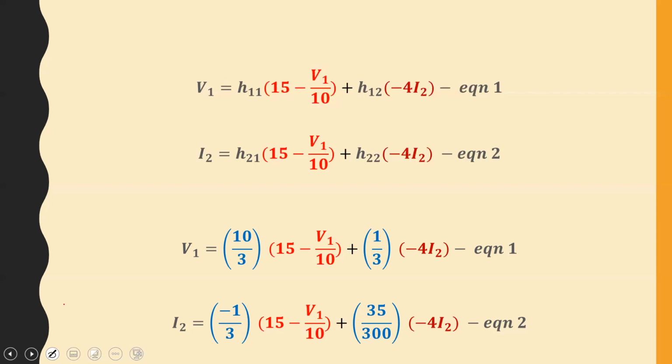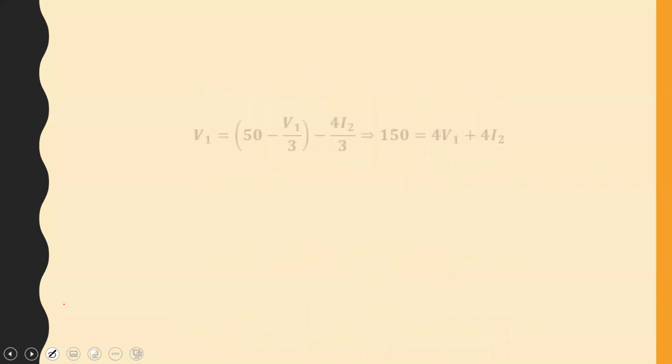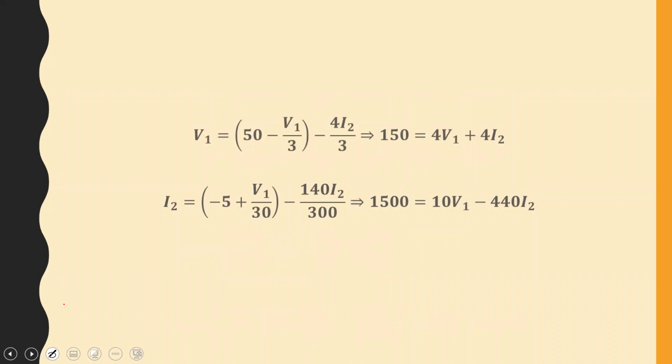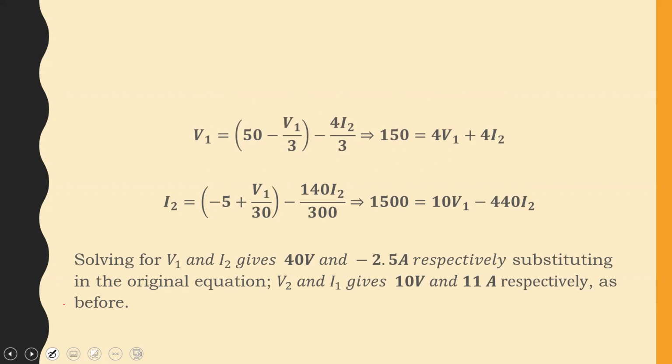Are we finished with this? Yes. All right, so making those substitutions, simplifying, we get these two equations, and if you solve them simultaneously, you'll get the same answers that we had before.